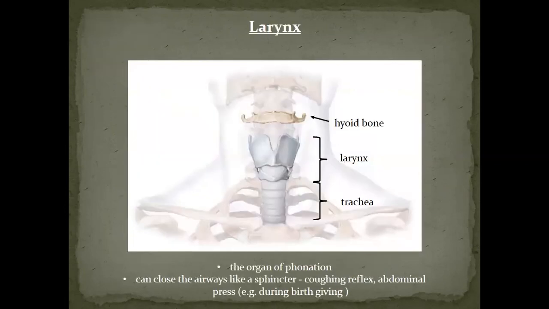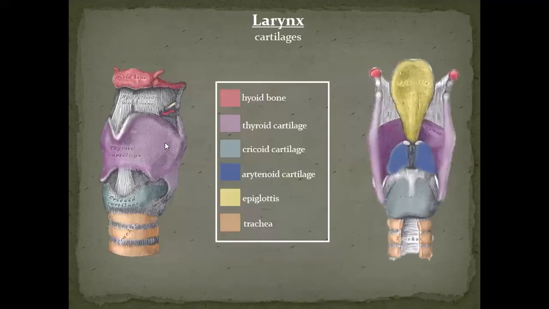Now, how is the larynx built up? The larynx is mostly cartilaginous, so we have cartilages, and actually there is a bone as well, the hyoid bone. The main cartilages will be the thyroid cartilage.